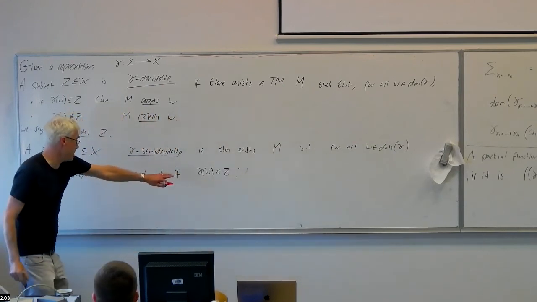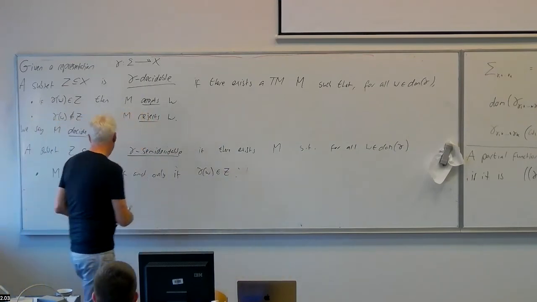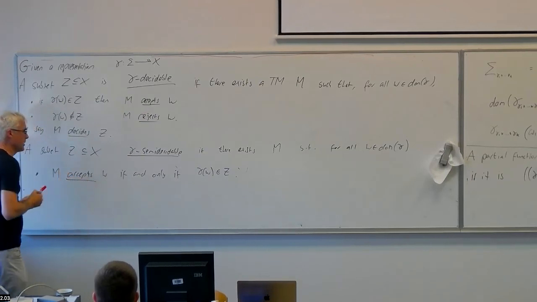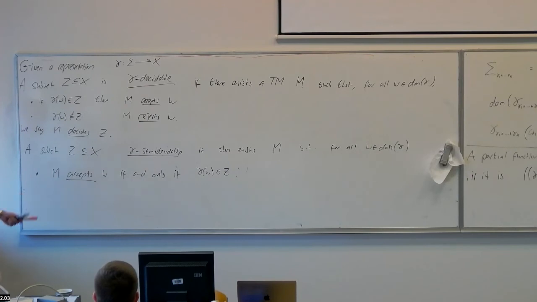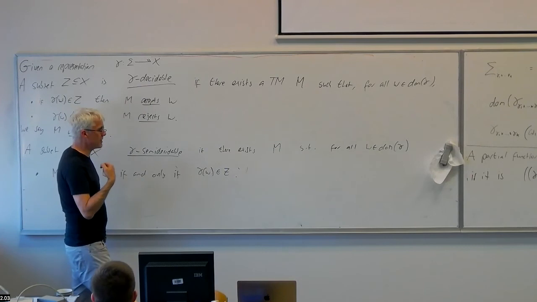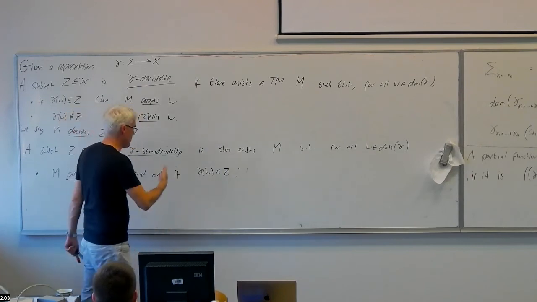So W is a name for something in X. The machine needs to just accept those words that are names for elements of Z, and it mustn't accept the others. But just like with the earlier definition of semi-decidability, if you're given a name for an element of X that's outside of Z, there's no requirement that the Turing machine M will halt.